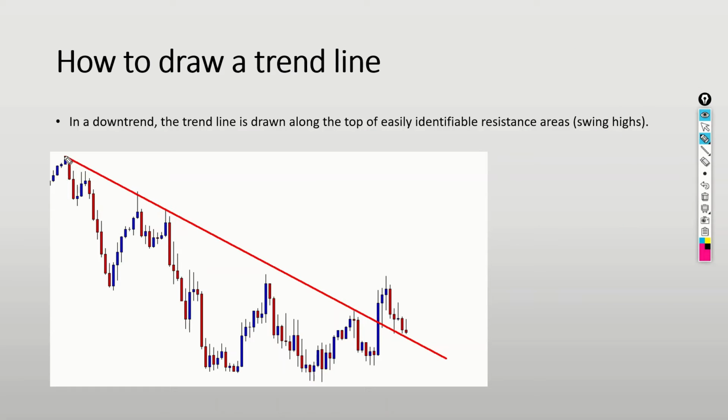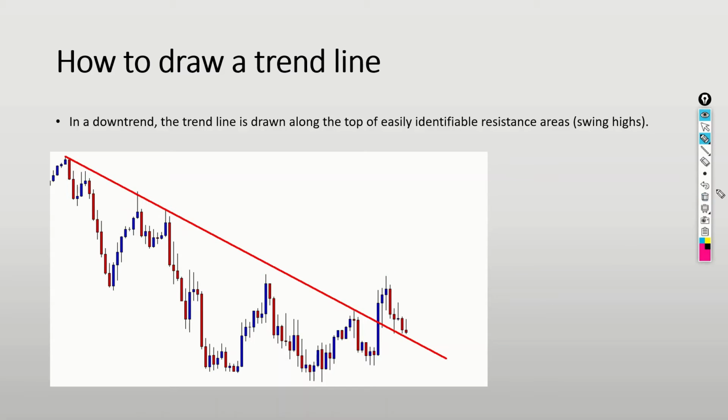Okay, so when you look at the chart here, this is a resistance area. Price hit it and then went down. This is another resistance, another resistance, and this is also another resistance. Here is a support level, this is a support level, and this is also a support level.